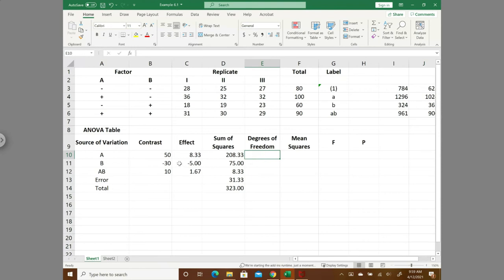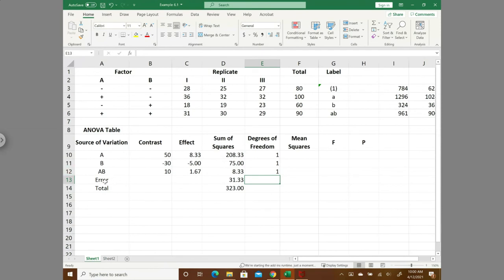Now let's talk about degrees of freedom for factor A. We have two levels of factor A, minus and plus, so the degrees of freedom is 2 minus 1, which is 1. We have two levels of factor B as well, so degrees of freedom for B is 2 minus 1, which is 1. The degrees of freedom for the interaction effect is the degrees of freedom for factor A times the degrees of freedom for factor B, so 1 times 1 is 1 again.